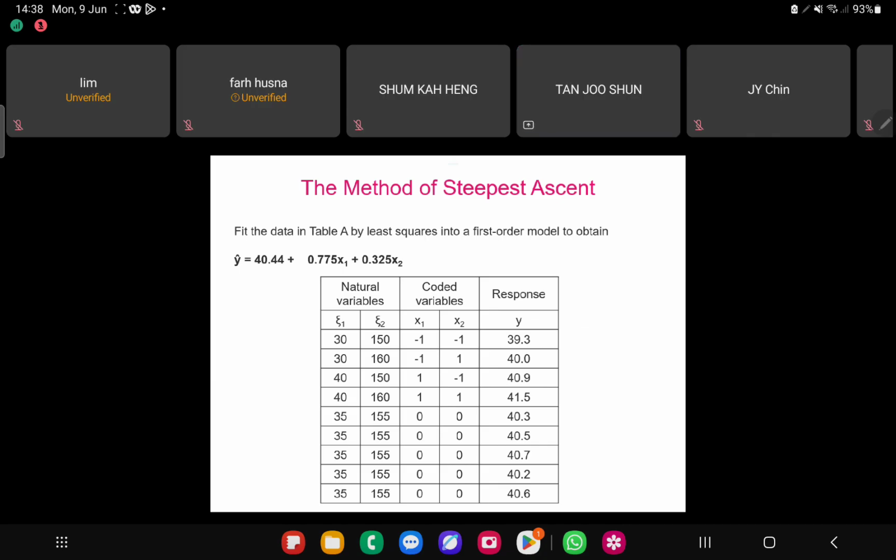I give you 5 minutes to calculate. You should be using this.